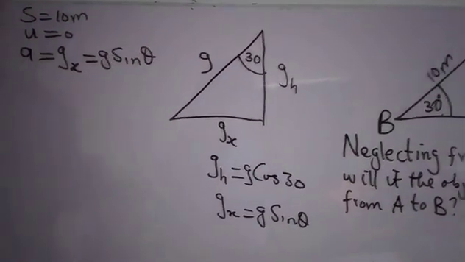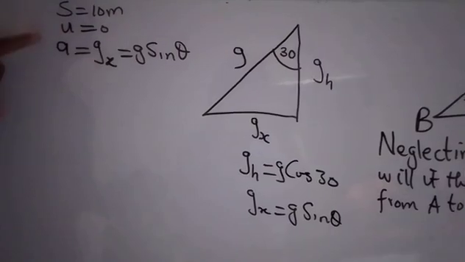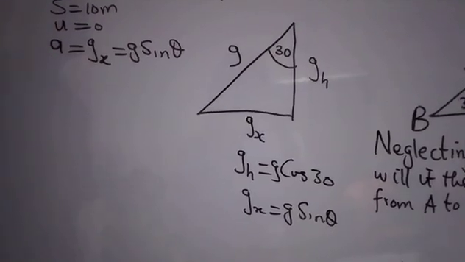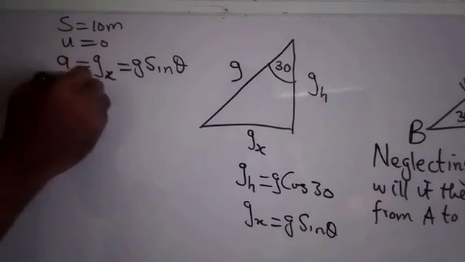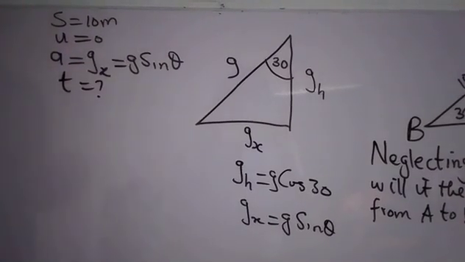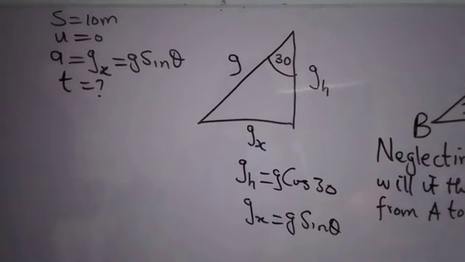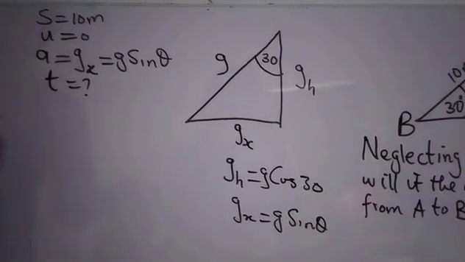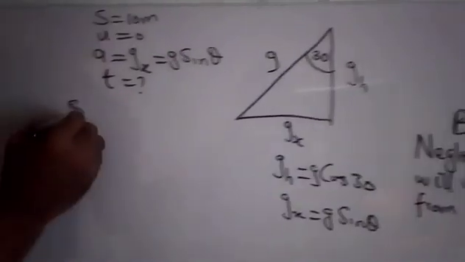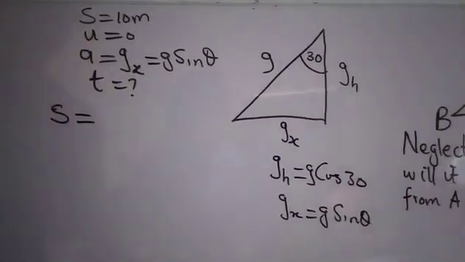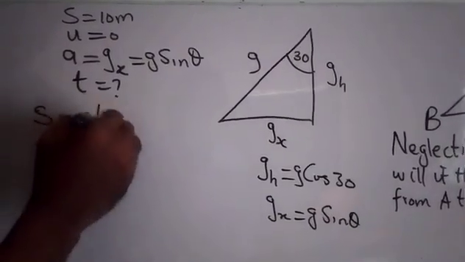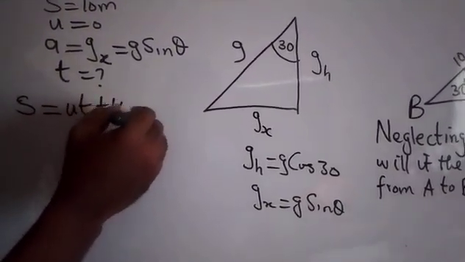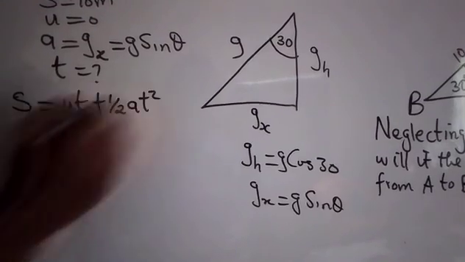Now look here, we have s, we have u, we have a. If you are looking for t, which of the equations of motion can you use so that only t will be the unknown? I know that there's the equation of motion stated as s equals ut plus half at squared.